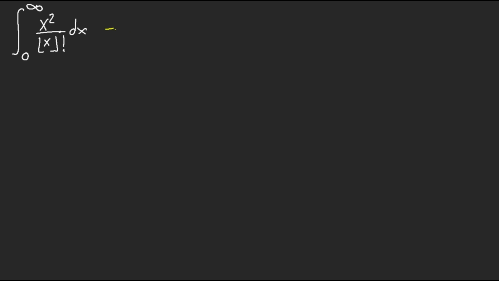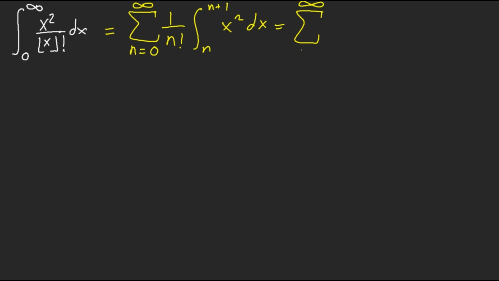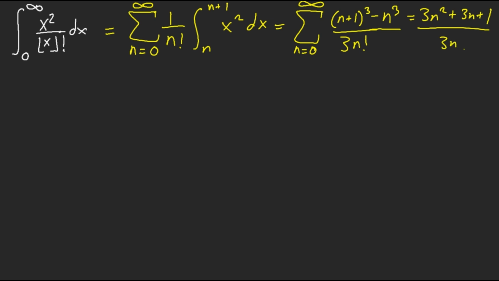So let's go ahead and turn this into a sum. Well, technically we just have the integral of 1 over n factorial, n plus 1, x squared dx. So of course we already know this is going to equal 1 over 3n factorial times n plus 1 cubed minus n cubed, which is technically equal to 3n squared plus 3n plus 1 over 3n factorial.